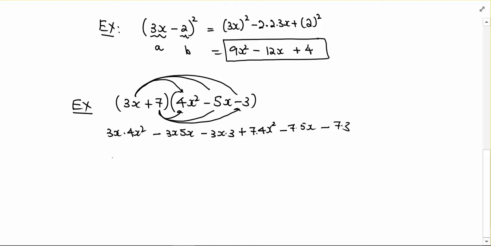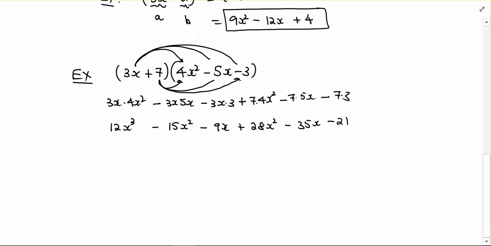So this is going to be 12x cubed. This is going to be minus 15x squared. It's going to be minus 9x, 28x squared, minus 35x, minus 21. So let's combine like terms. This one doesn't have a friend, so it's just 12x cubed.